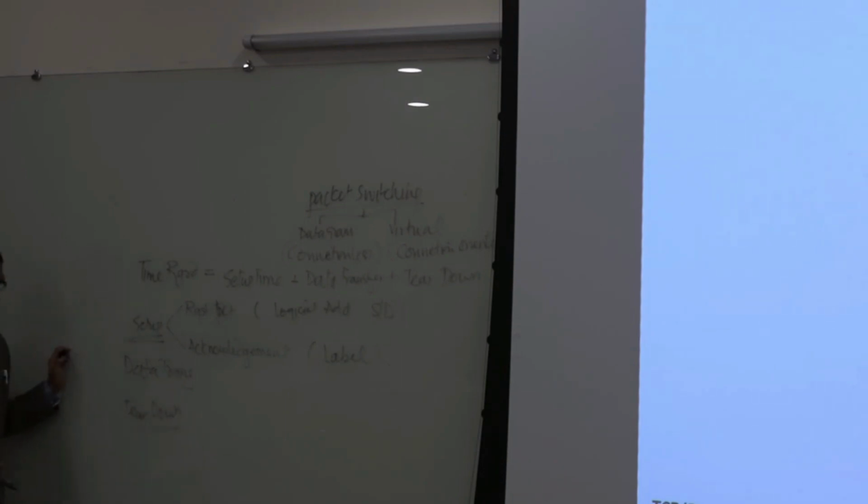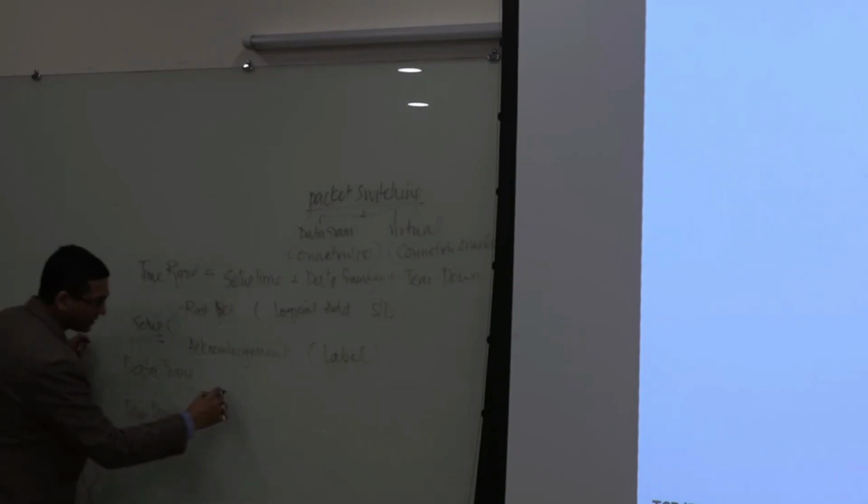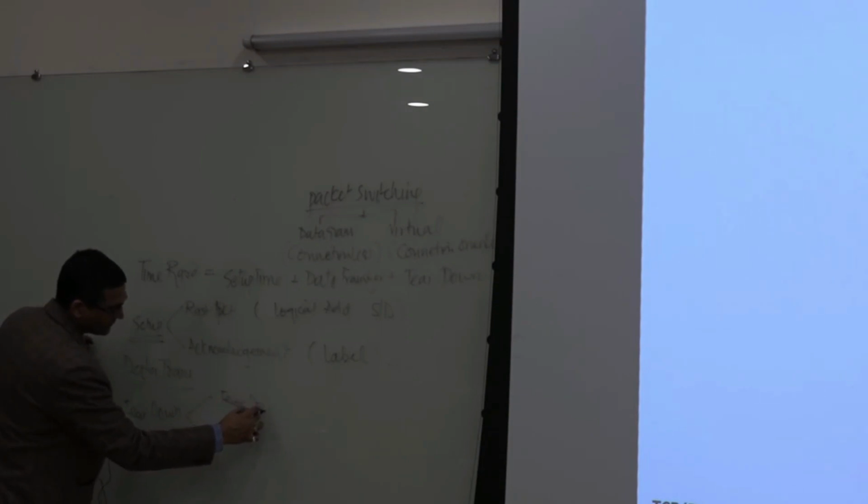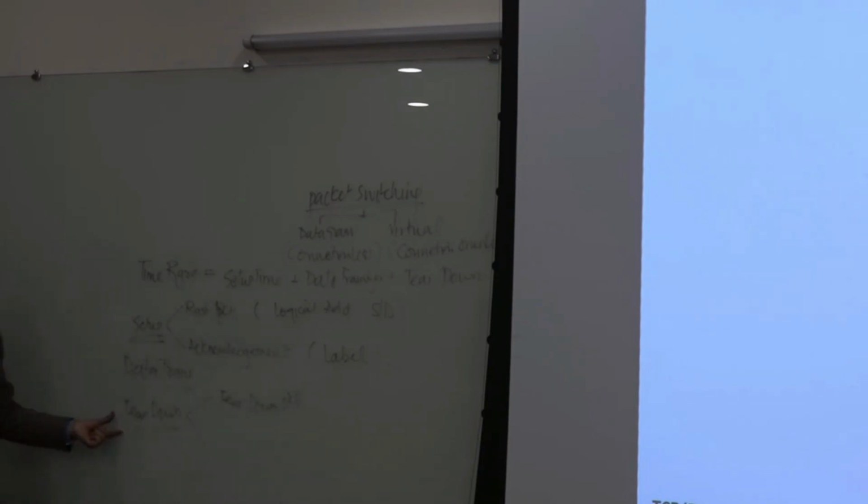In tear down, again two packets are delivered. One packet is called the tear down packet. It is delivered from the sender side to inform the receiver that all the bits are sent.